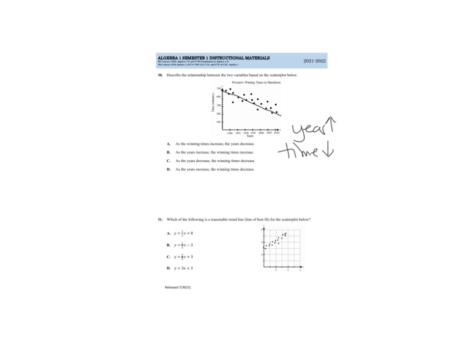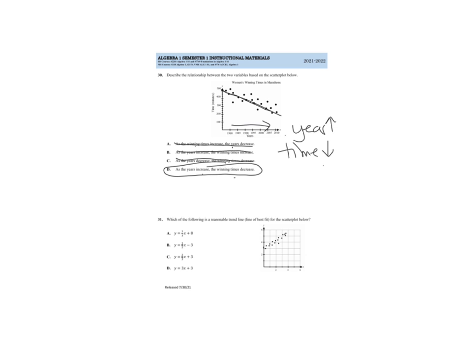I always do x first. As the years increase, the winning times increase? No, they're not going in the same direction. Years decrease, winning times decrease? Not going in the same direction. As the years increase, the winning times decrease.